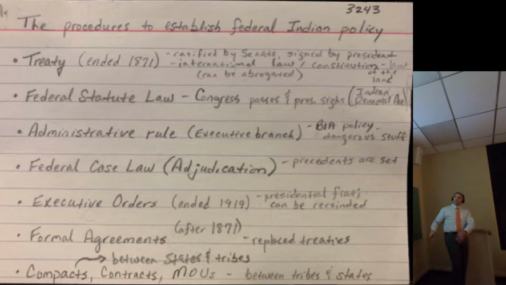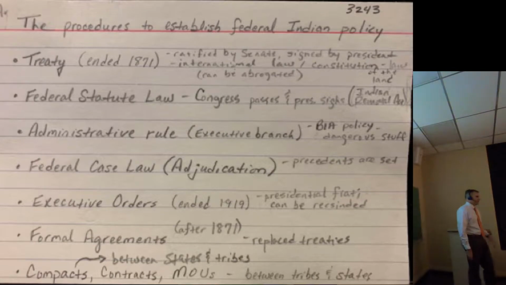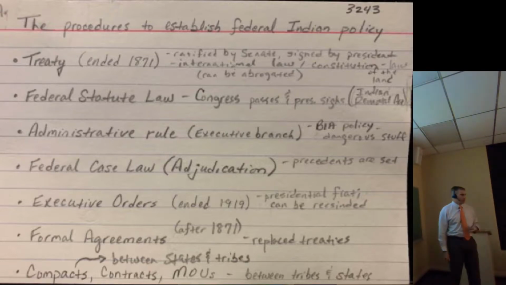Any questions over the procedures of establishing Indian policy? And just keep all these things in mind. Whenever we look at something like Johnson versus McIntosh, okay, what would that be? Be able to identify what type of procedure is establishing this policy. Johnson versus McIntosh, what would that be on this list?